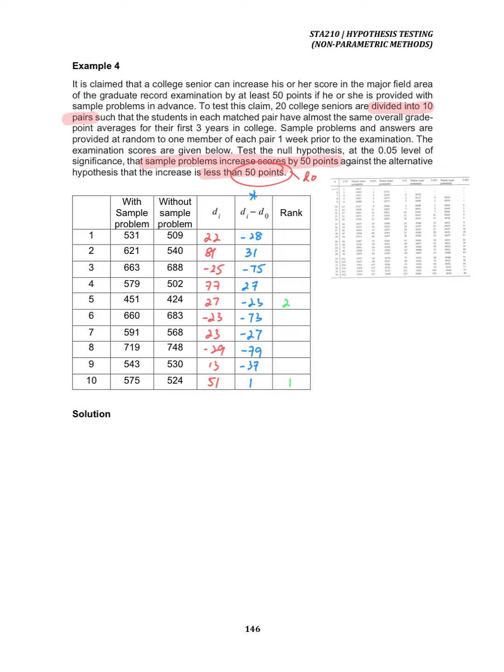Number 3 here, we have a repeated number, which is 27 and negative 27, meaning that we will assign the average rank of 3 and 4. So meaning that we will give ranking 3.5 and 3.5.